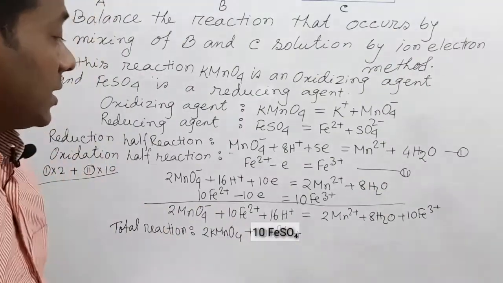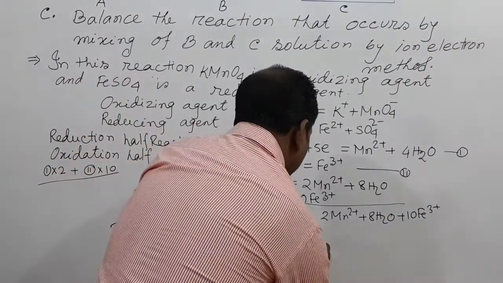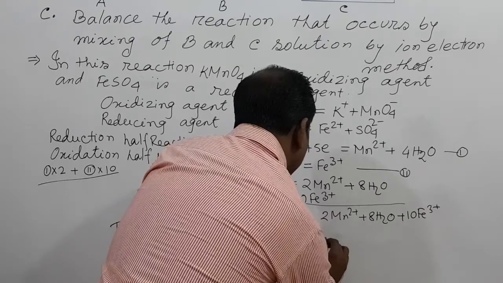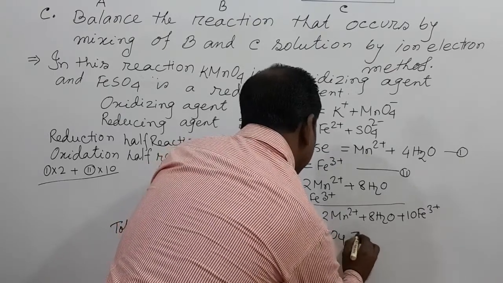If we write sulfuric acid, then we write 8H2SO4.